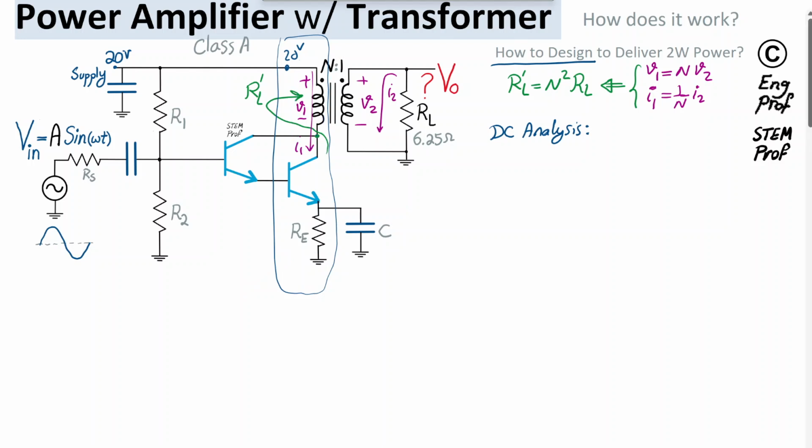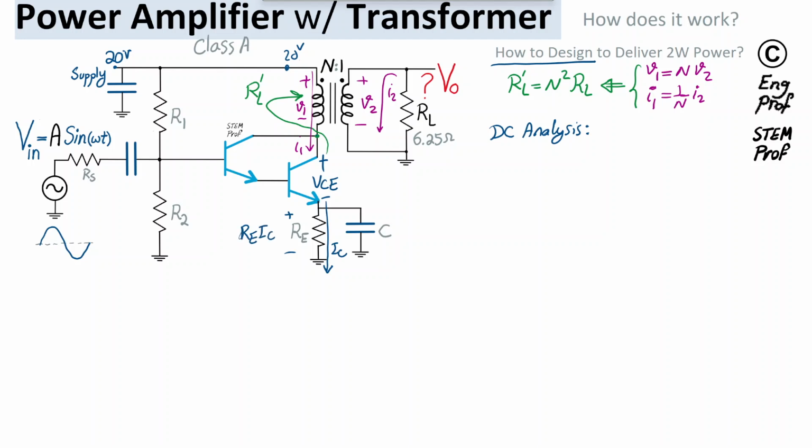It has 0 impedance DC-wise, so there is no DC voltage drop across it. So the only DC voltage drop we have is the VCE, collector-emitter, of the Darlington bipolar junction transistor, and then, because of the DC current that is passing through the resistor RE, we also have the RE times IC DC voltage drop across RE.